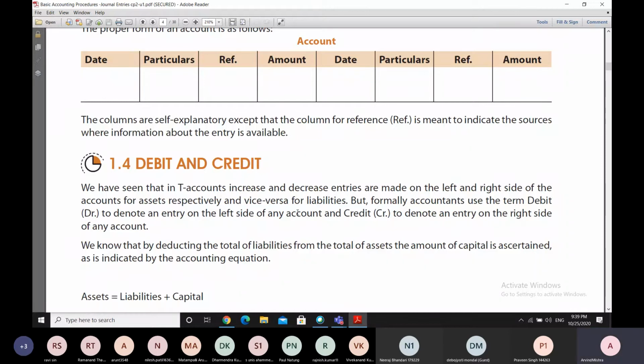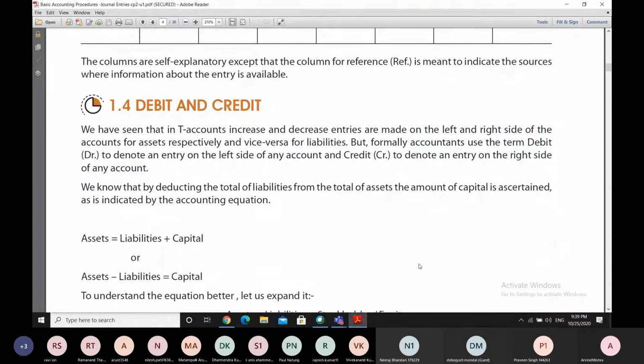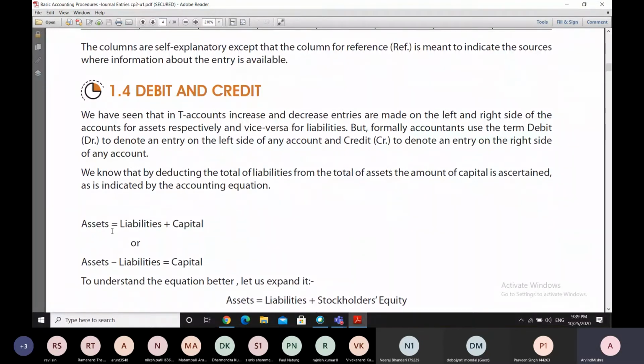Now we are aware of the accounting equation, because when we deduct the total of liabilities from the assets, what we get is the capital. So the accounting equation is called assets equal to liabilities plus capital, or assets minus liabilities is equal to capital.